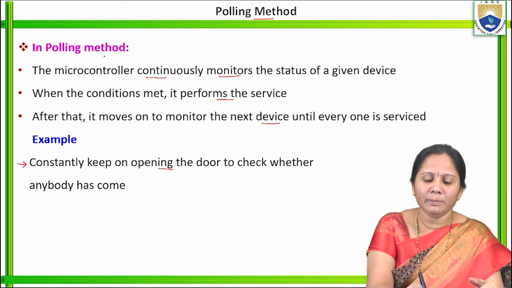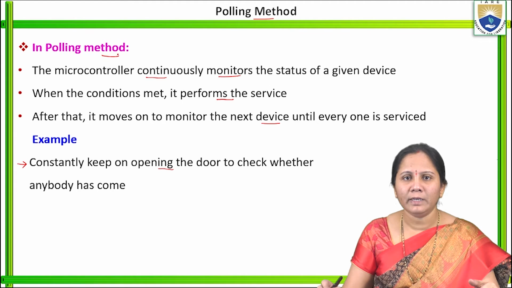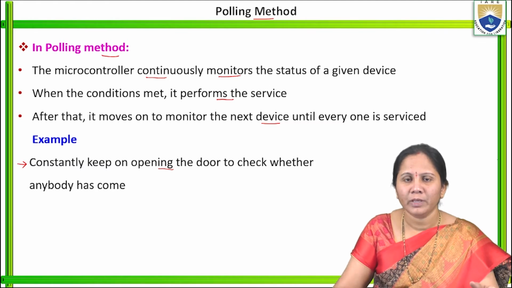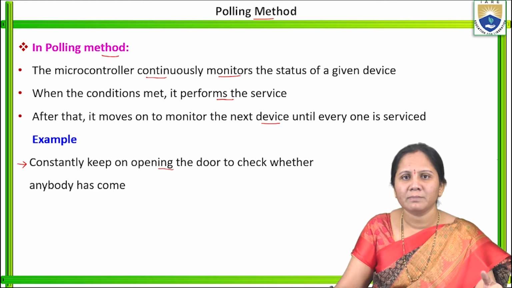But in the polling method, though there is no bell ring, the person inside the house keeps closing and opening the door and checking whether any person has come or not. So he is wasting time without doing any work, though there is no interrupt. Similarly, the microcontroller is continuously checking the status of the interrupt.